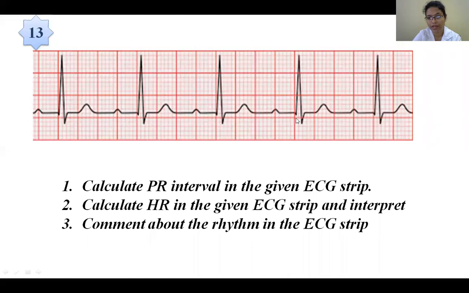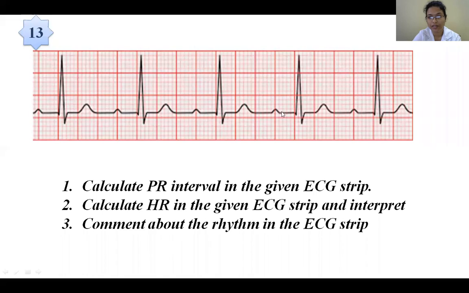So this is PR interval. So if you count, there are 6 small squares. So PR interval will be equal to 6 into 0.04, because one small box is equal to 0.04. So again, the PR interval would be 0.024 seconds.